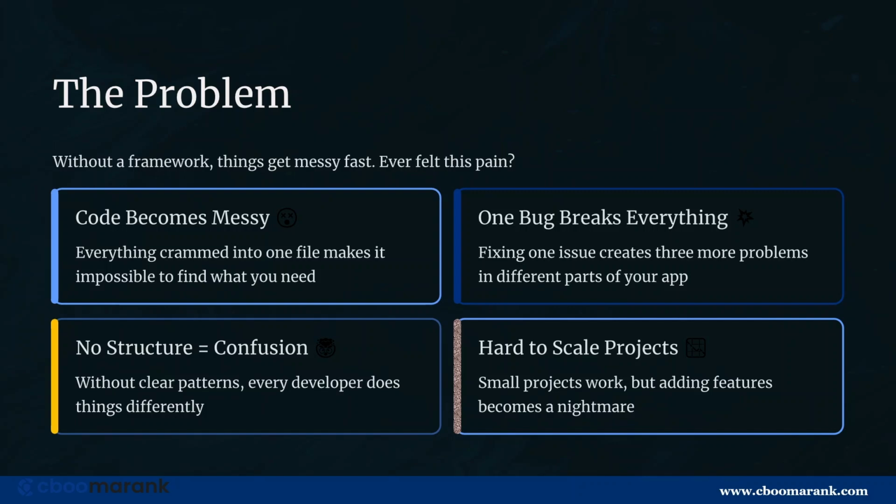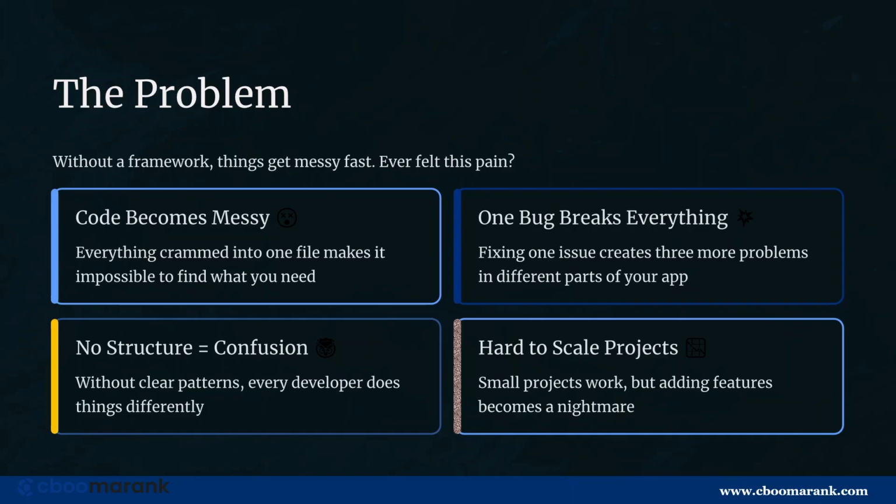At first, it seems simple. You write some HTML and a bit of PHP and it works. But as your application grows and things start to change, your code becomes messy. Logic and HTML are mixed together, and you don't know where things are anymore.